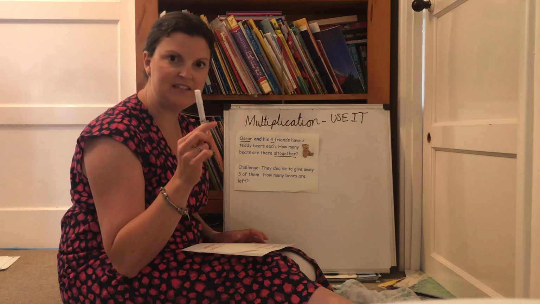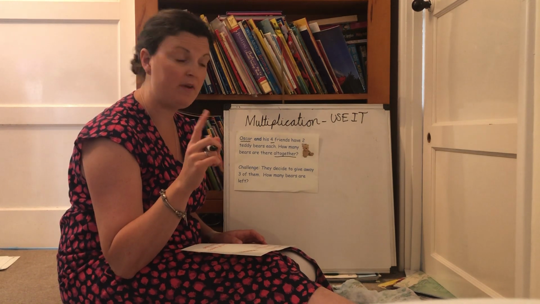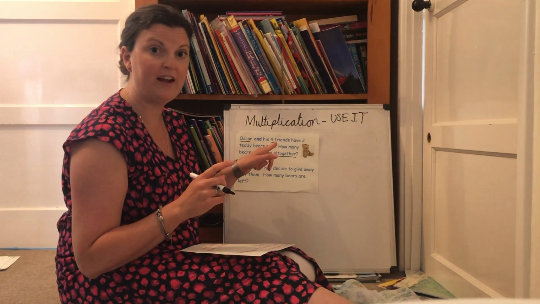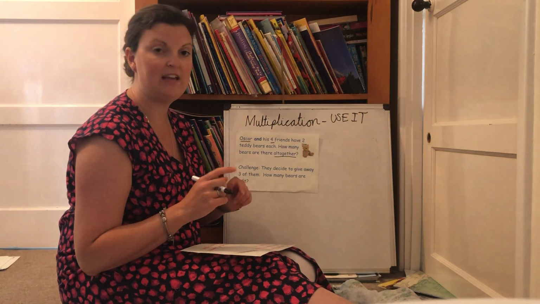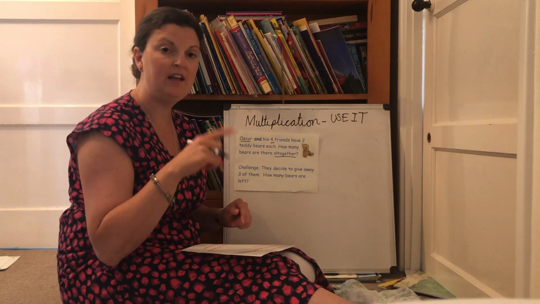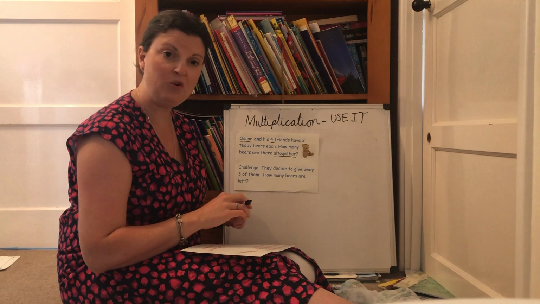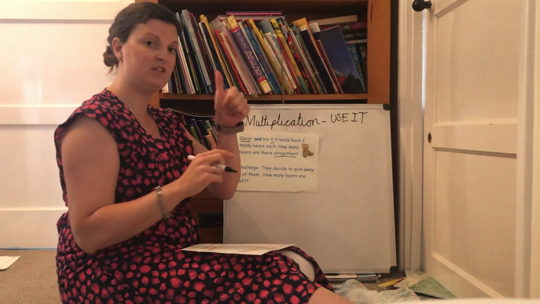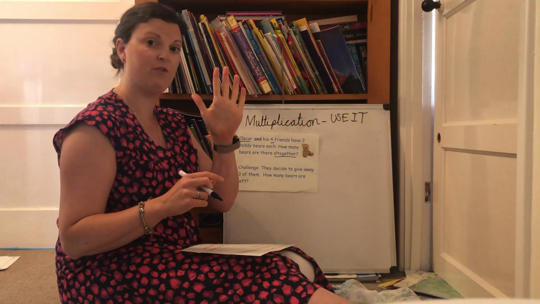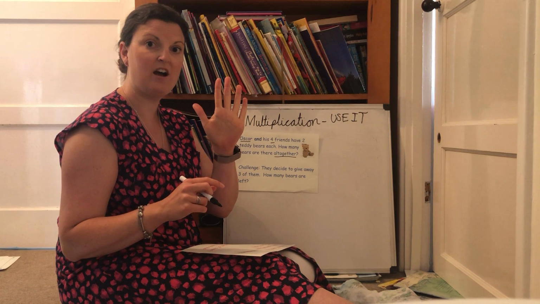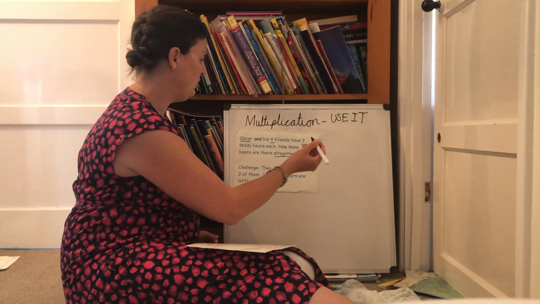Now, this is a bit of a sneaky question because they're hoping that you're going to see the 4 friends, 2 teddy bears each, 4 times 2, and that you'll work that out. But that's not what it says. It says Oscar and his 4 friends. So actually, I've got 5 children all together.